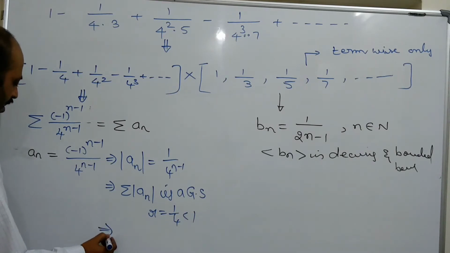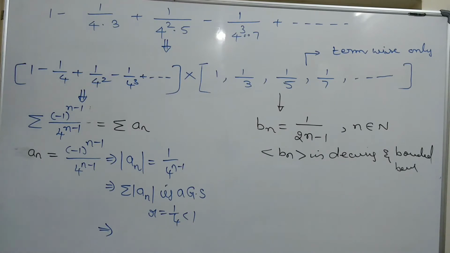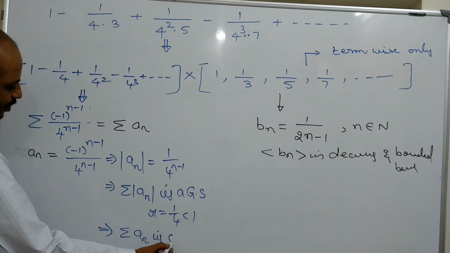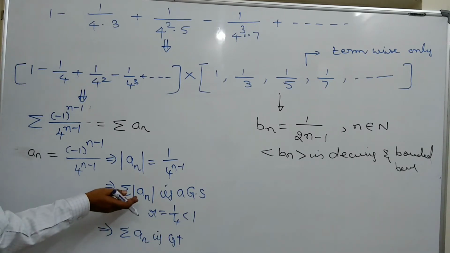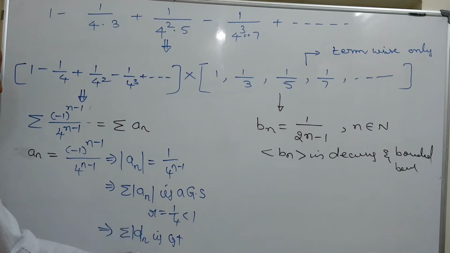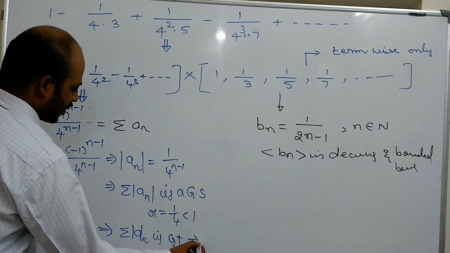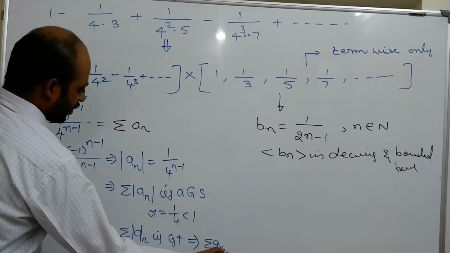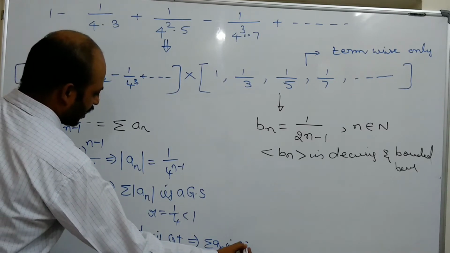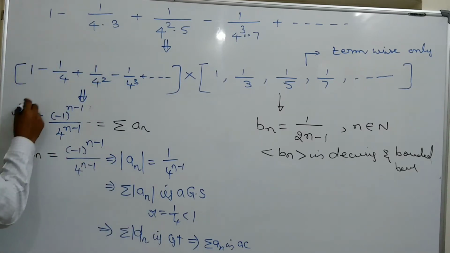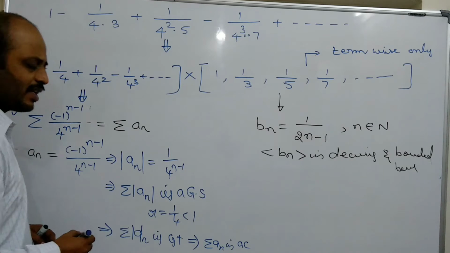What does it mean? Every geometric series with common ratio less than 1 is convergent. So summation |an| is convergent. If summation |an| is convergent, then automatically summation an is absolutely convergent. So the series is convergent. Here summation un is convergent.